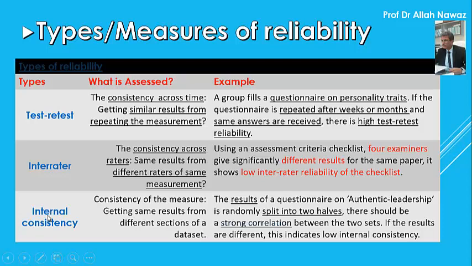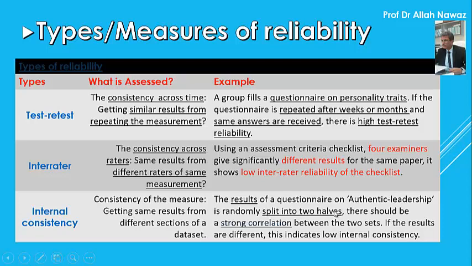The checklist has low inter-rater reliability because it is understood by every examiner differently. And the third and very critical type of reliability is internal consistency. That is the consistency of the measure within the measure, getting the same results from different sections of a data set. For example, the results of a questionnaire on authentic leadership are randomly split into two halves.